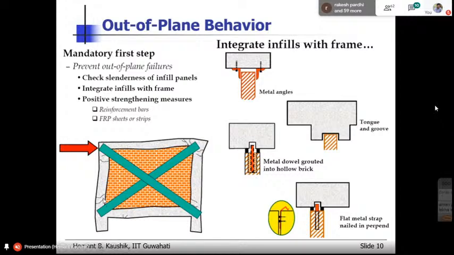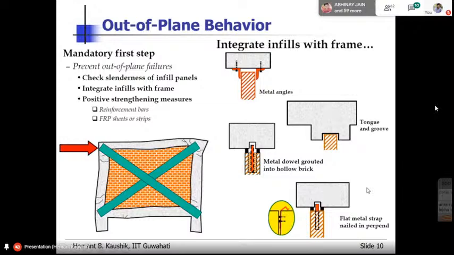In these bricks, at intermediate levels, you can leave some gap, maybe of half brick length or full brick length, and you can have this metal that goes into that gap in the brick wall and is drilled inside the column. This is what people do. Then there is the flat metal strap nailed in perpendicular.